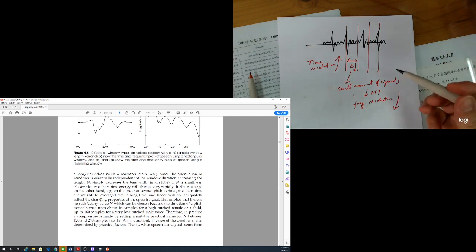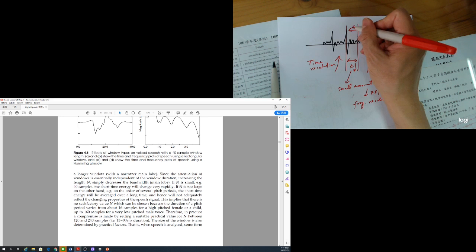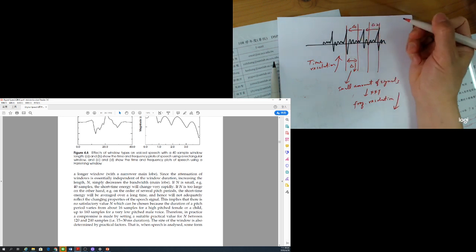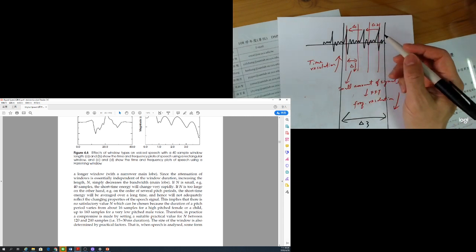What they want to say is that in speech, you can see our pitch will have some variation. So if our windowing is bigger, like this one, but the pitch has some variation, we cannot track it, because we are doing the coding.